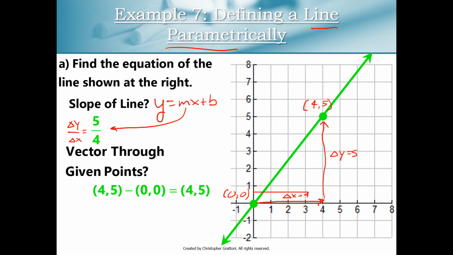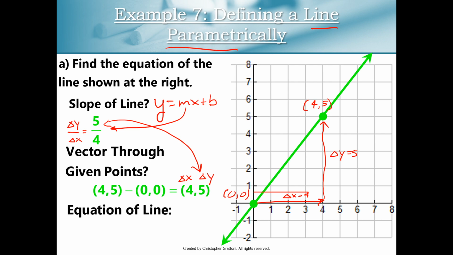And there is a correspondence between slopes and vectors, by the way, because this vector is a change in x, comma, a change in y, while a slope is a change in y divided by a change in x. These are similar ideas. There are similarities between slopes and vectors that you want to keep in mind as we work through problems in this class, because I think knowing that correspondence will help you solve certain problems.